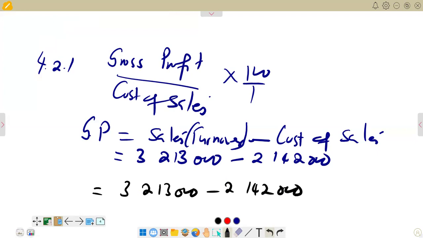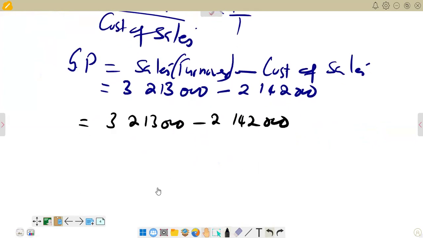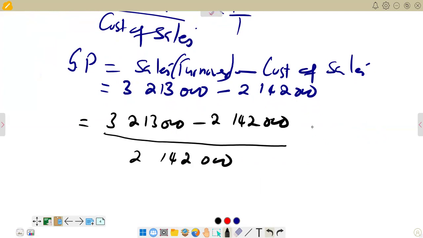Then after getting your gross profit, you divide by cost of sales, which is given as 2,142,000. Then the answer is multiplied by 100. If you calculate it correctly, you're supposed to get 50%. So this is the answer on the first part of the question.